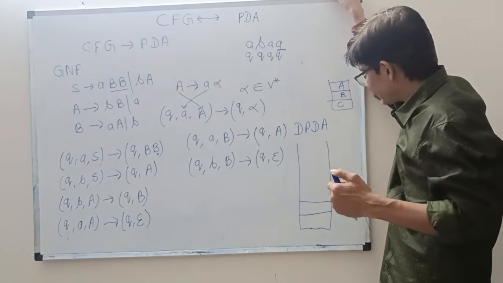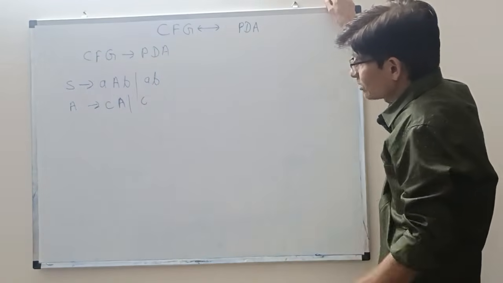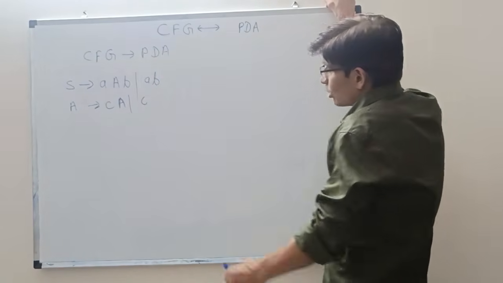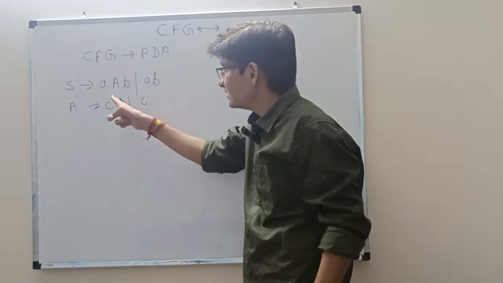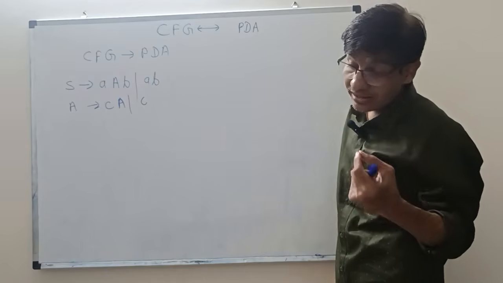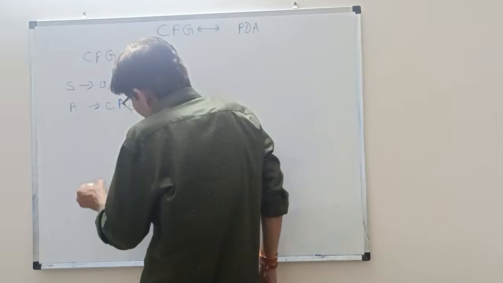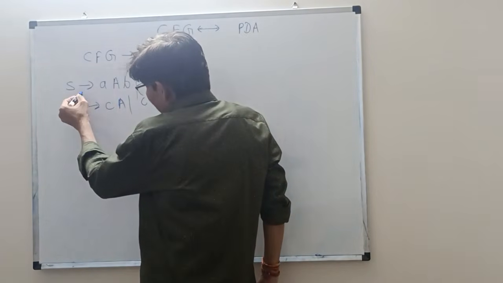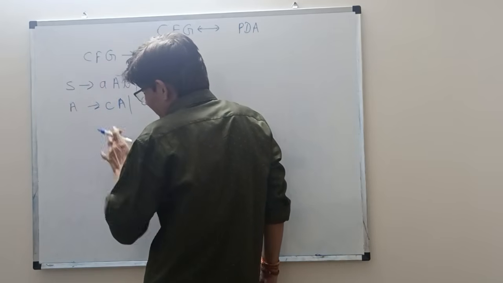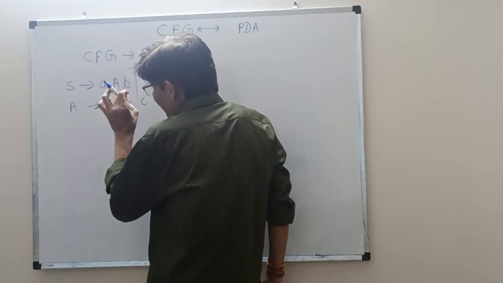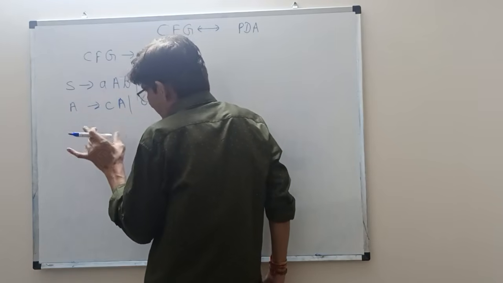Now I will take one example grammar which is not in GNF. When we get any grammar which is not in GNF, we can convert it in a different way. When we have any variable on top of the stack, we will not consume any input symbol and we will read epsilon only.